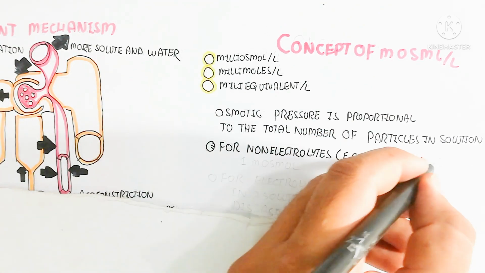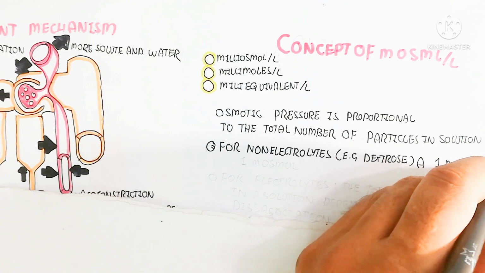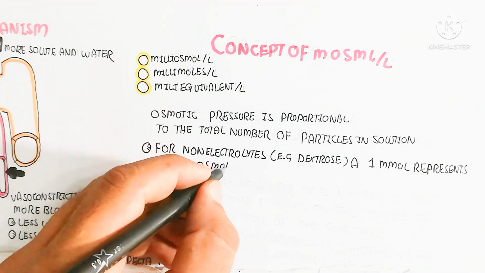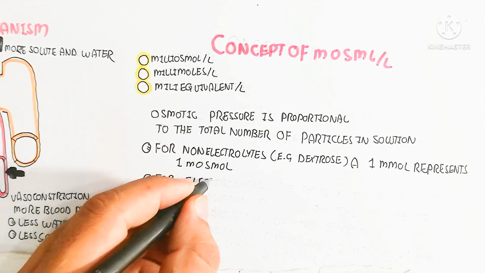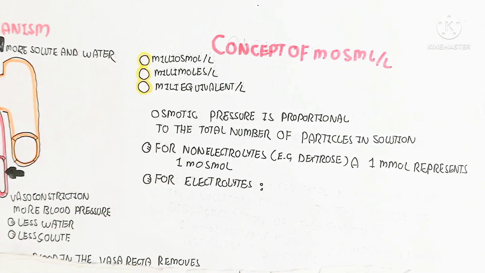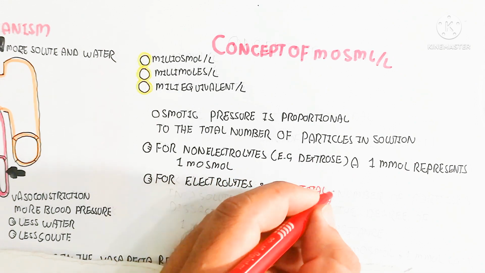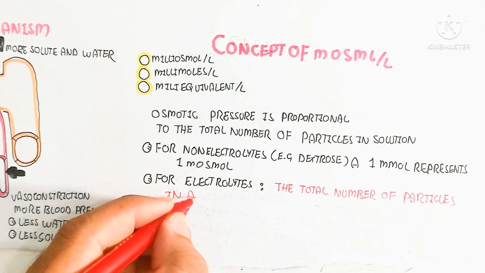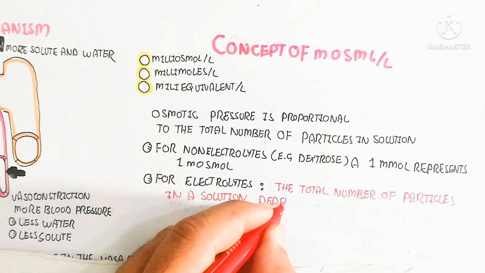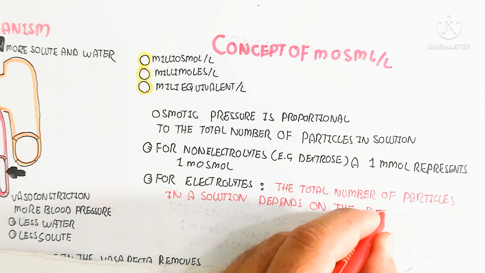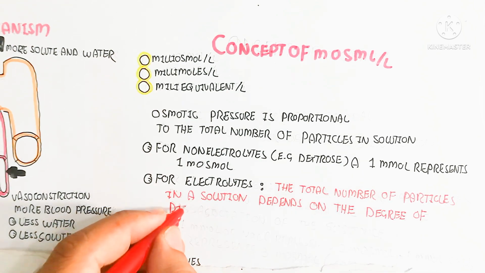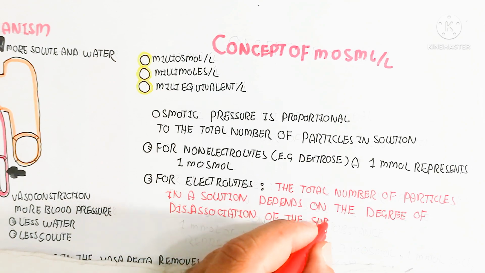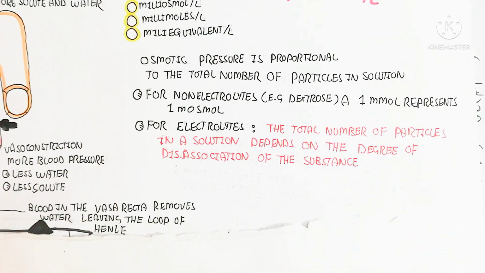If the number of particles increases, the osmosis will increase with the concentration. So let's begin with non-electrolytes. For example, dextrose: 1 millimole represents 1 milliosmol. And for electrolytes, the total number of particles in a solution depends on the degree of dissociation of the substance.